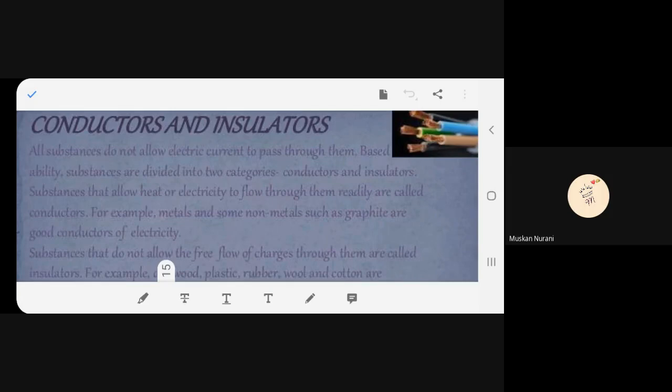What extra did you get in this? Can anyone tell? In the earlier slide, what did we learn? Substances which allow electricity to pass, isn't it? Now, substances that allow heat or electricity.